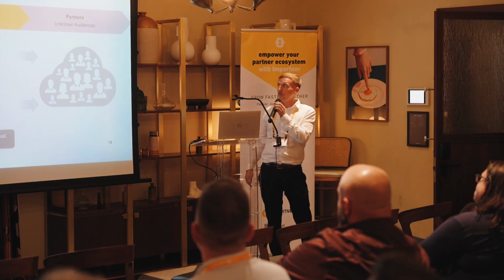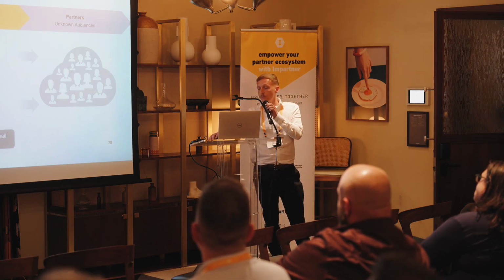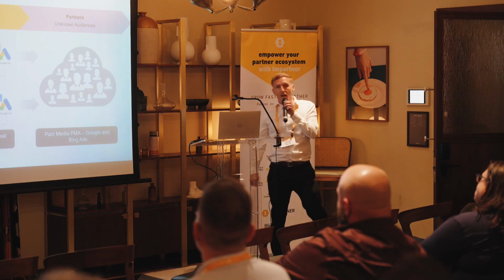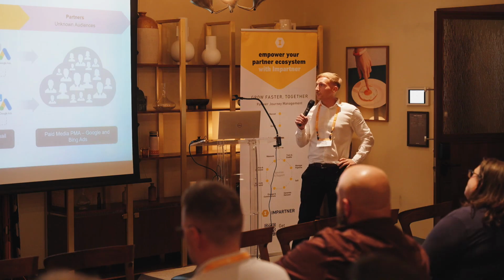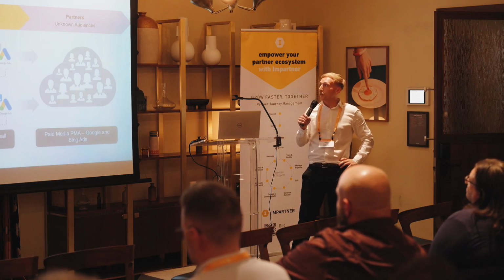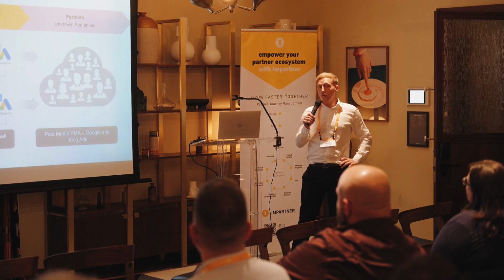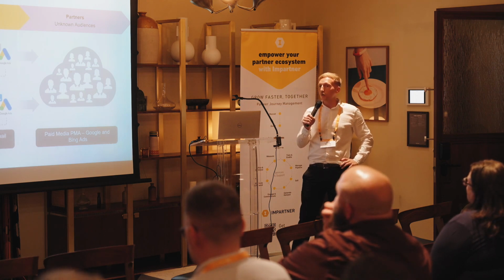But to go beyond that, we can use paid media PMA, which allows you to tap into that unknown audience through running local Google ads and Bing ads for your partners in a centralized way. Altogether, it gives you full funnel visibility and true partner-led growth, nurturing what's already there for the partners and then unlocking what's not.